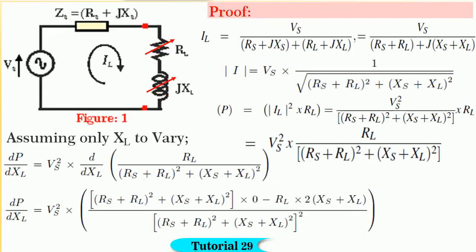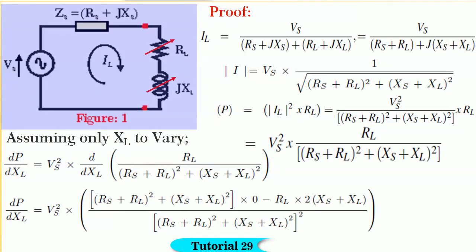For providing the proof, consider the AC circuit across which a complex load ZL equal to RL plus jXL is connected as shown in figure. We see that both RL and XL are varying.